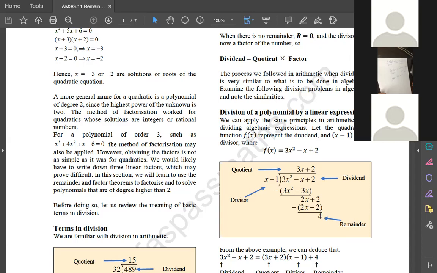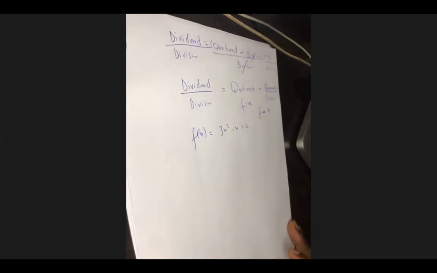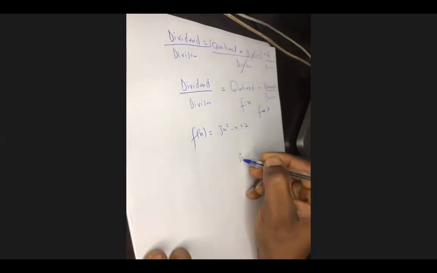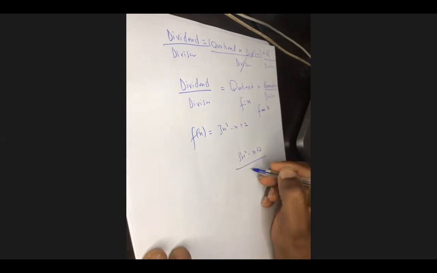Good. So now we are dividing the quadratic by the linear. So this is how the procedure goes. So let's see. I have 3x squared minus x plus 2 divided by x minus 1.